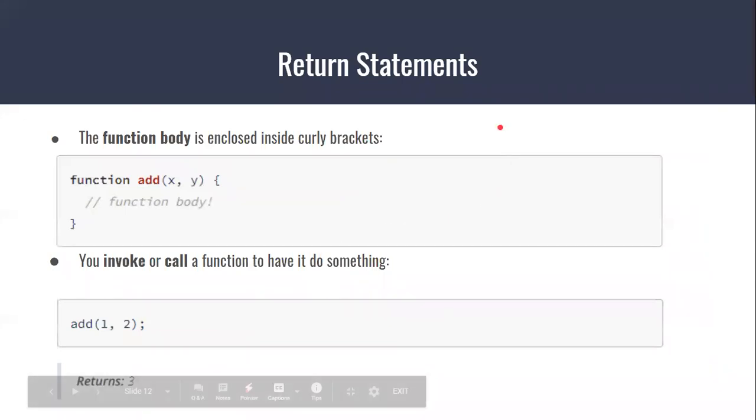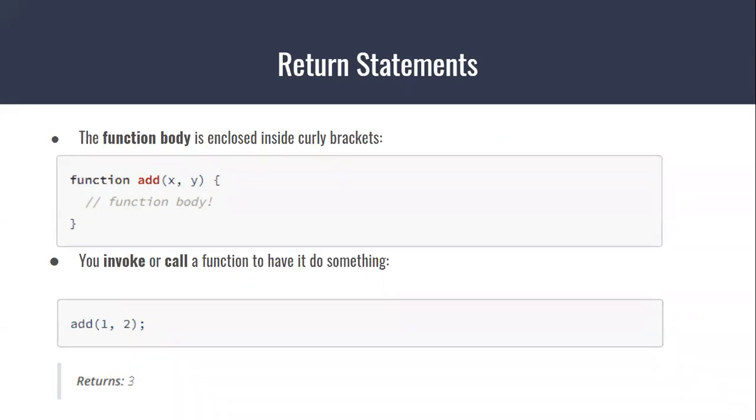Right, so the function body is enclosed inside of curly brackets, and this is how we do invocation or call. We're going to pick up the telephone and call this function called add, and pass it 1 and 2, and if it does its job properly, it should return 3.